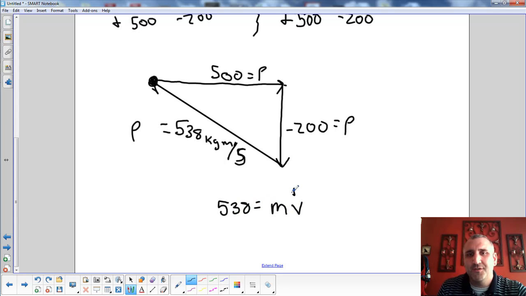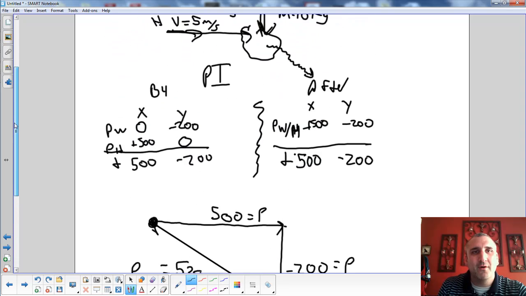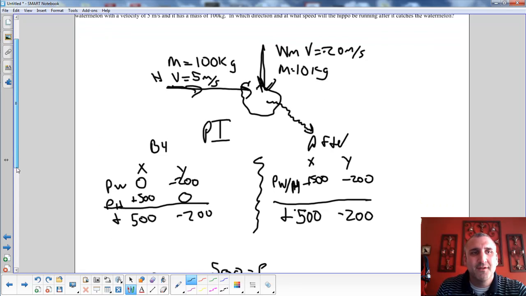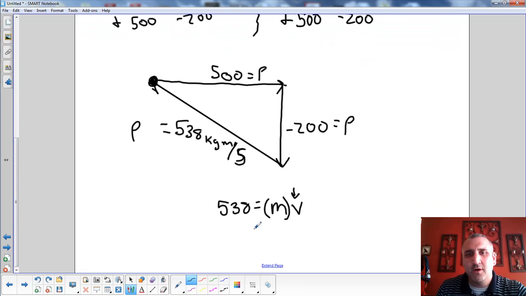And we're solving for the velocity because we know the m. Remember that the hippo had a mass of 100 kilograms. And it ate a watermelon that had a mass of 10 kilograms. So now my hippo and watermelon's new mass is 110 kilograms and its new velocity.